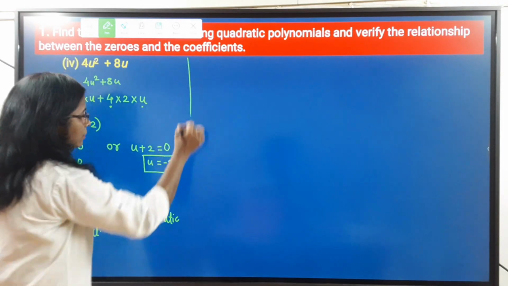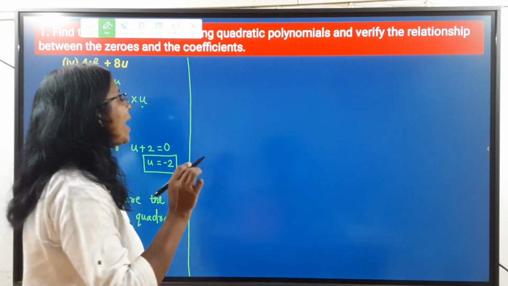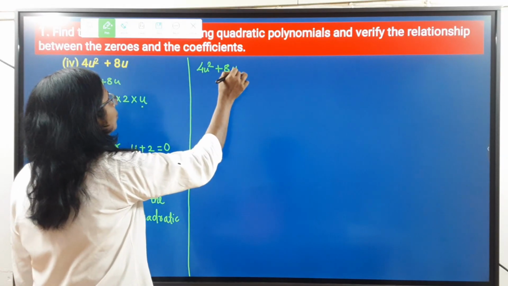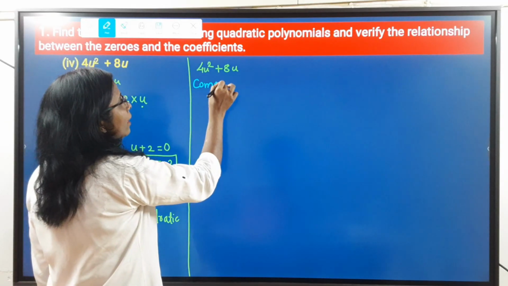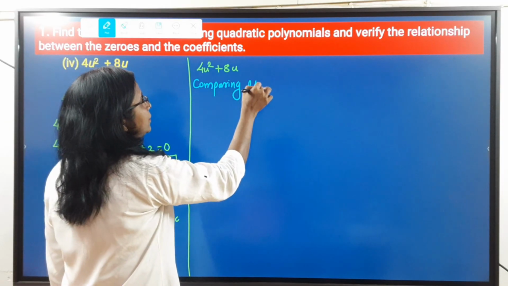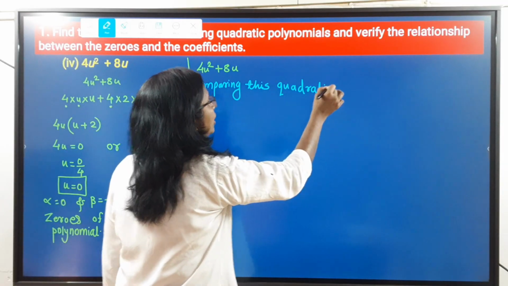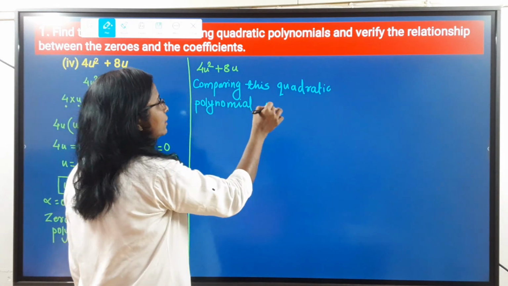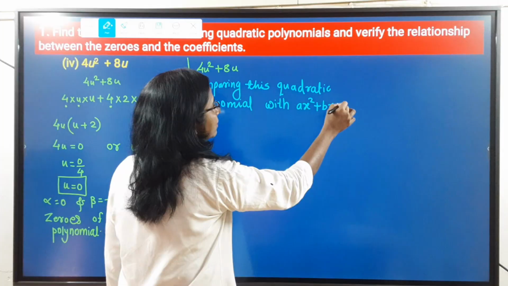Now the next part, write down the quadratic polynomial as it is. So here 4u square plus 8u. Okay, and then I say that comparing this quadratic polynomial with ax square plus bx plus c.